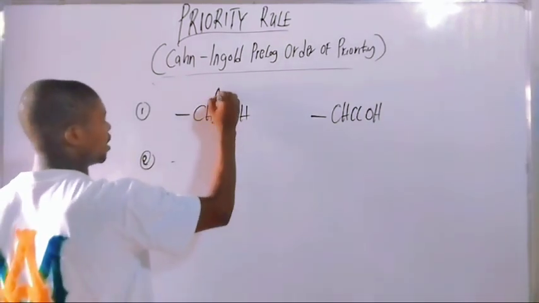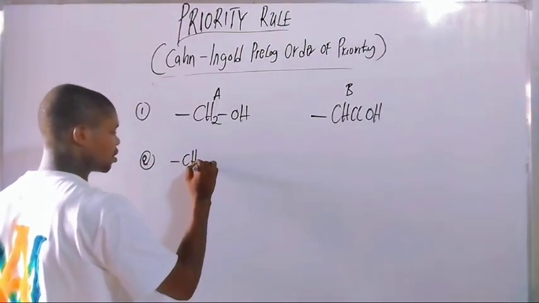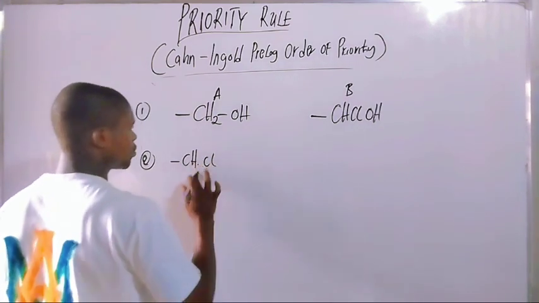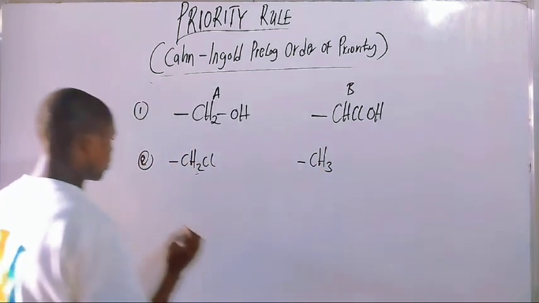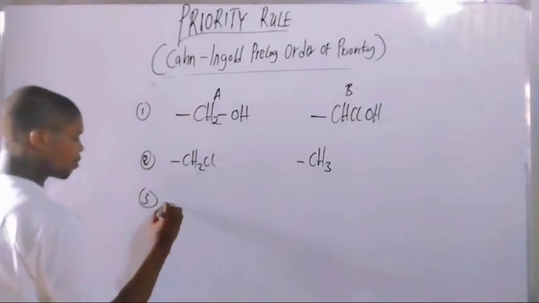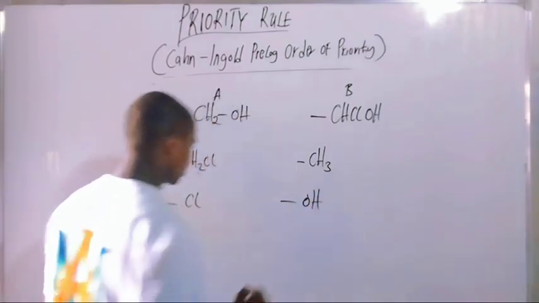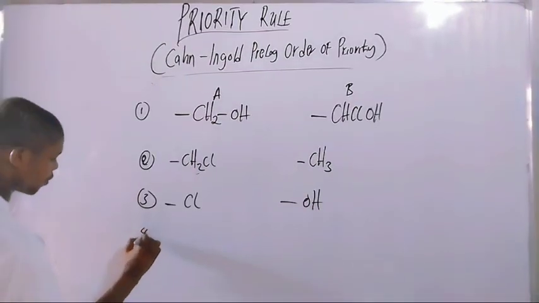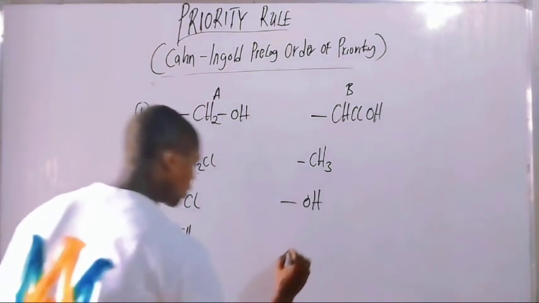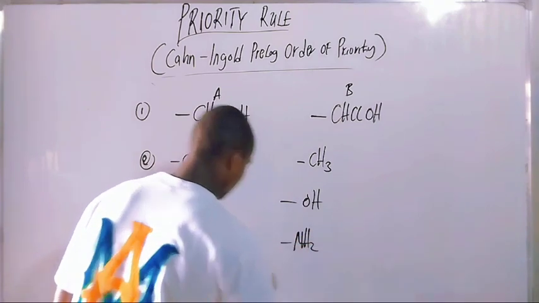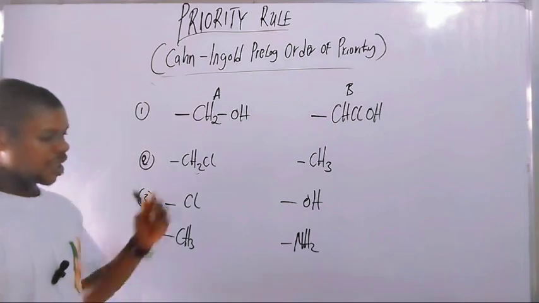Here we have A and here we have B. So we have CH3, Cl, CH2, Cl, and here we have CH3. Number 3, here we have Cl, OH. Here we have 4, here we have CH3, we have NH2. Okay, now go ahead and try it for me. Leave it in the comment section.